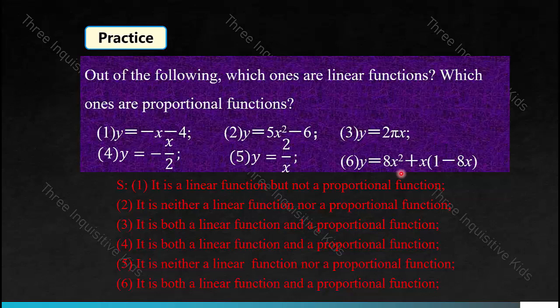But you have to think, can you simplify this any further? We're judging these based off of their simplest form. So you'll find that if you use the distributive property and distribute this x into its parentheses, you'll end up with a negative 8x squared, and then it'll cancel out, leaving you y is equal to x.